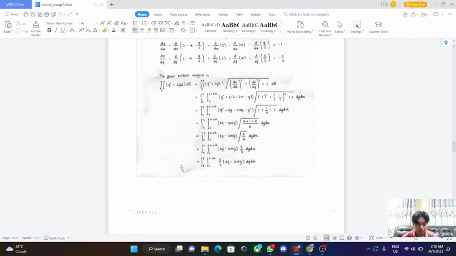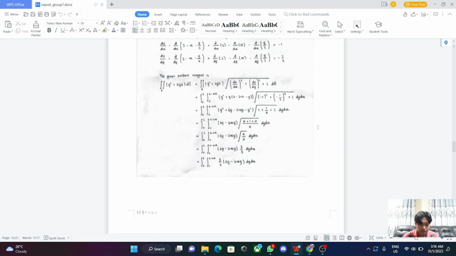Next, we need to find the surface integral of y square plus 2yz dS. So we need to do the double integral of y square plus 2yz times the square root of (dz over dx) square plus (dz over dy) square plus 1 dA.